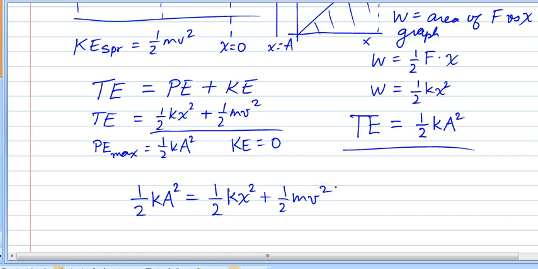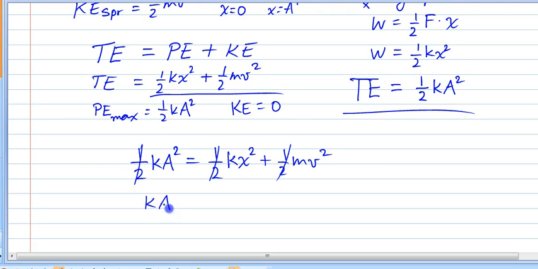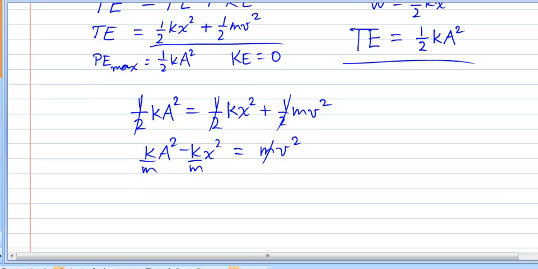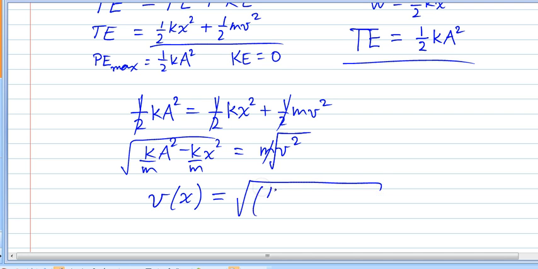And so we can cancel out all the 1/2s and get the stuff with the k's on one side, and that's going to equal mv squared. We want to divide everything by m, and then finally take a square root. So what we end up with is that the speed as a function of position is the square root of k over m times A squared minus x squared.